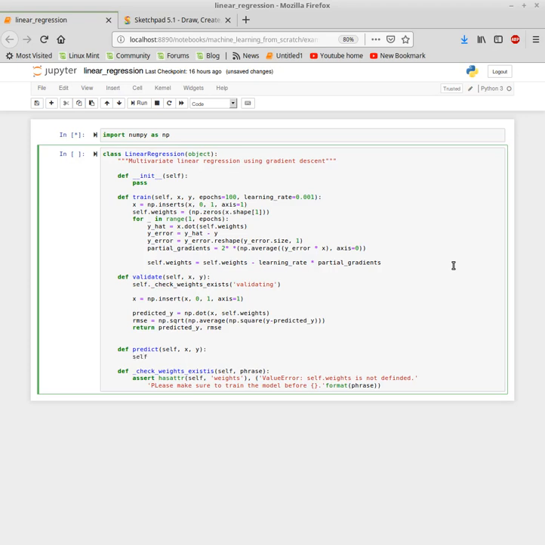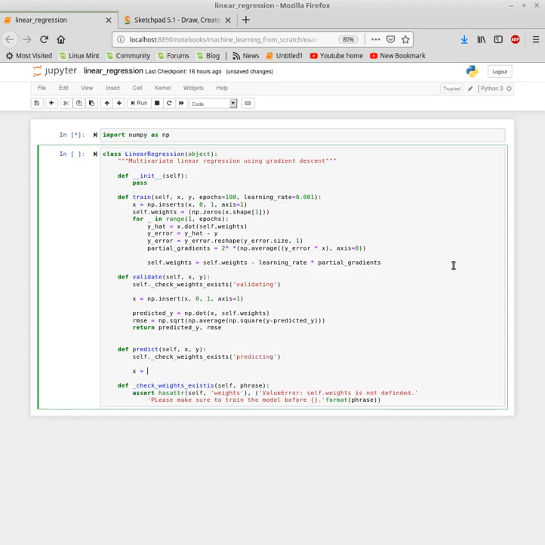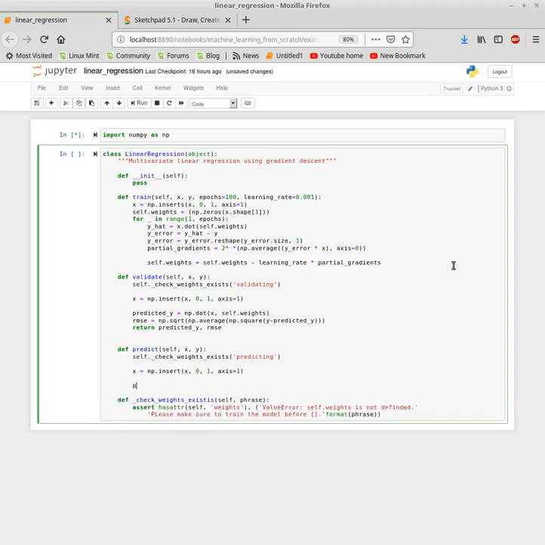To predict, we're going to do the same thing here. Check if weights exists. We're going to insert the bias here. Again, we're going to then just multiply the weights by the x that we trained it on.